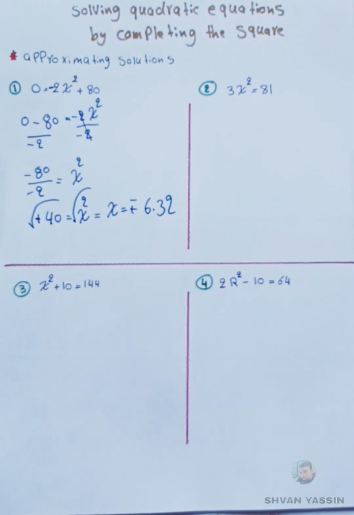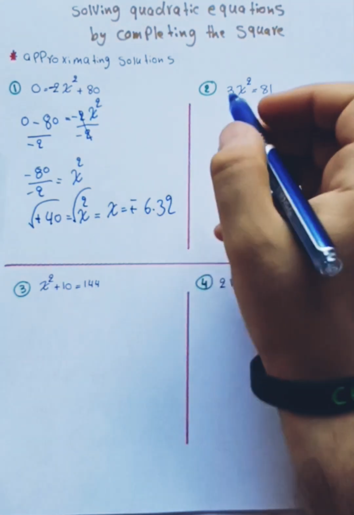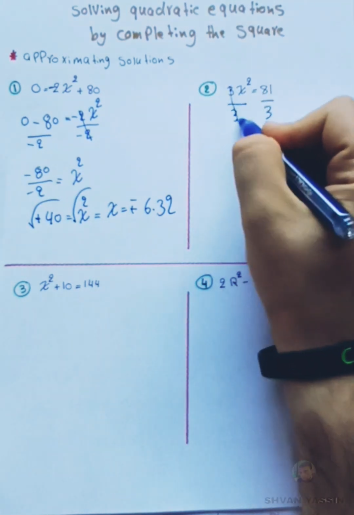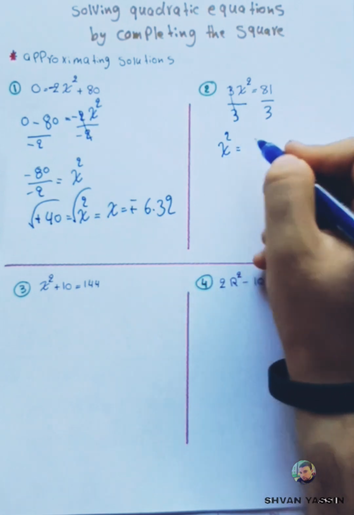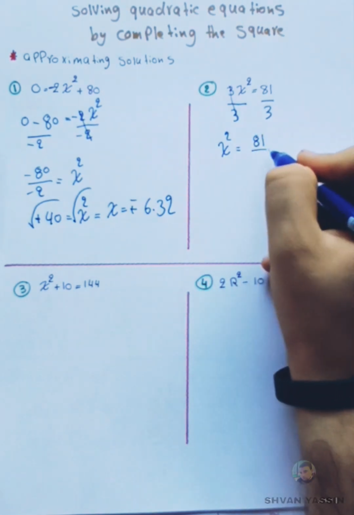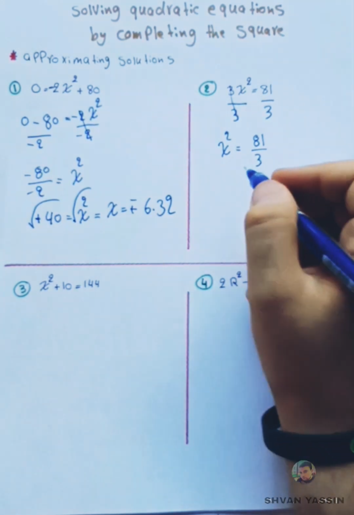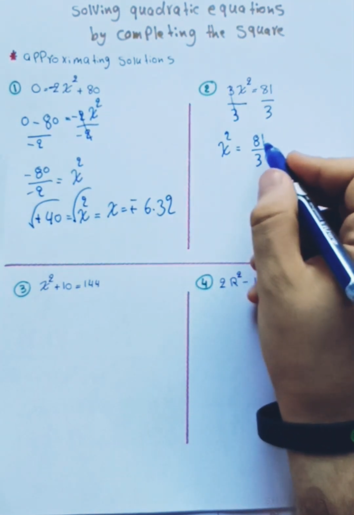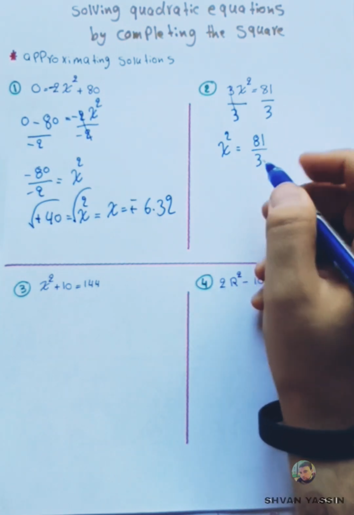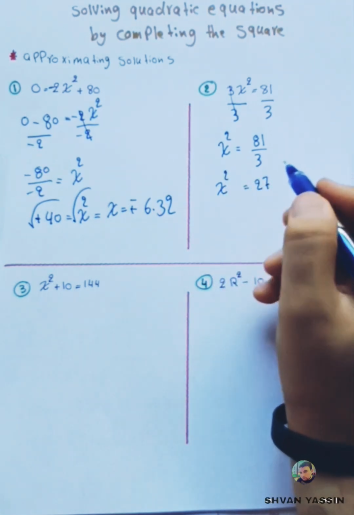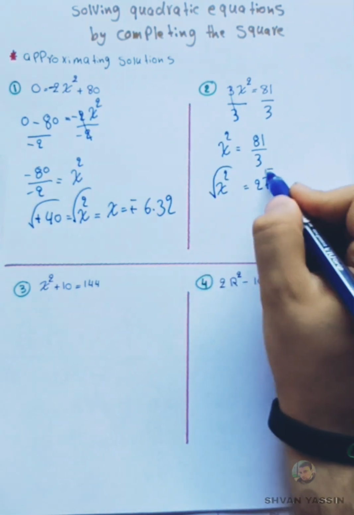Example number 2: we have 3x squared equals 81. First, divide both sides by 3 to get rid of this 3, so x squared equals 81 over 3. Before taking the square root of both sides, we can divide these two numbers. 81 divided by 3 equals 27, so x squared equals 27, and then take the square root of both sides.